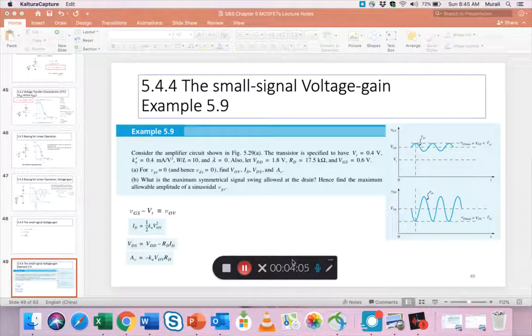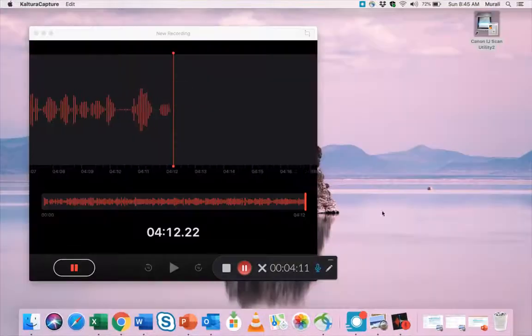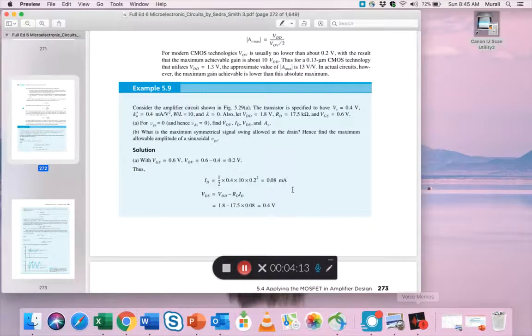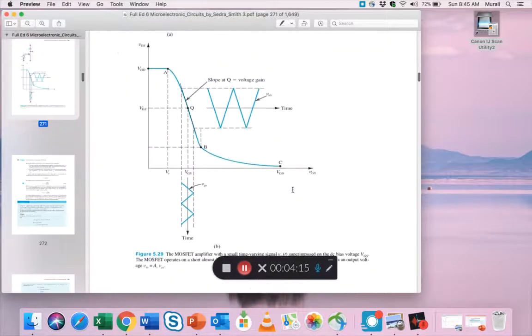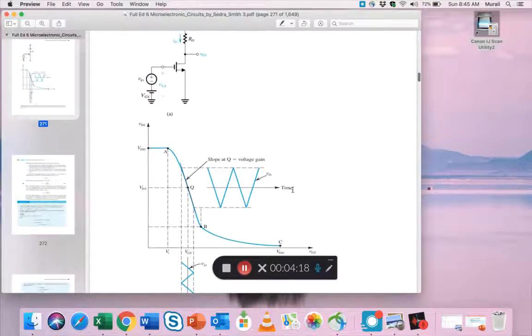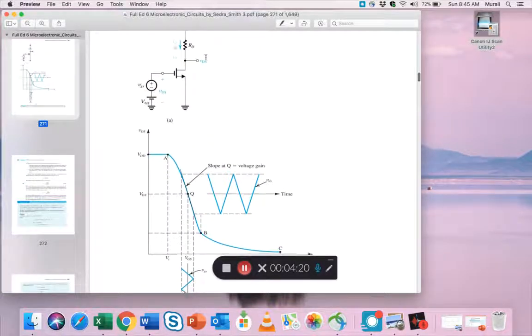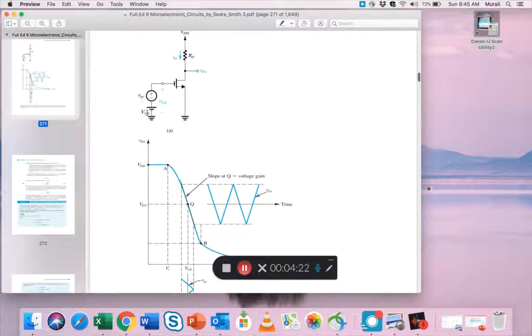He says, consider the amplifier circuit shown in figure 5.29a, which is this circuit, with both the biasing voltage and the signal voltage shown on the input side.